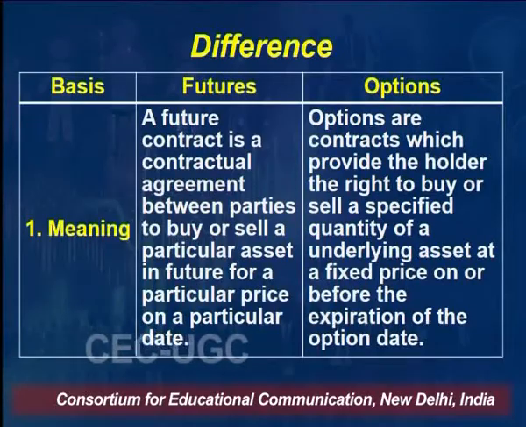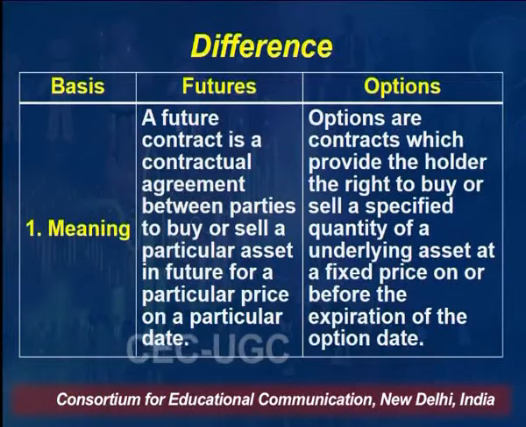It means both the parties, the buyer and the seller, are bound by the contract. That is, the two parties make a contract to buy or sell an asset at a predetermined price on a predetermined date. Predetermined means after a period of time, which is a future date.